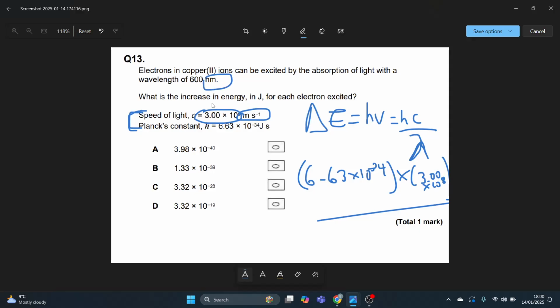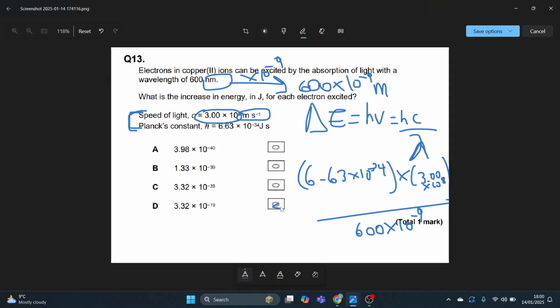It's giving me nanometers, so what I have to do is times by 10 to the power minus 9, aka divide by a billion. Put it in a calculator. 6.63 times 10 to the power minus 34 times 3.0 times 10 to the power 8 divided by 600 times 10 to the power minus 9. 3.32 times 10 to the power minus 19.